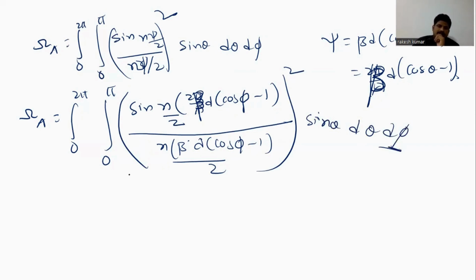Here no phi component is there, so we can bring the 2 pi before this.